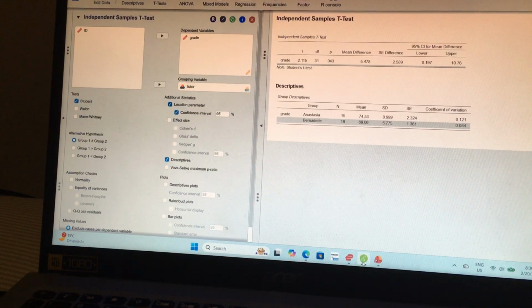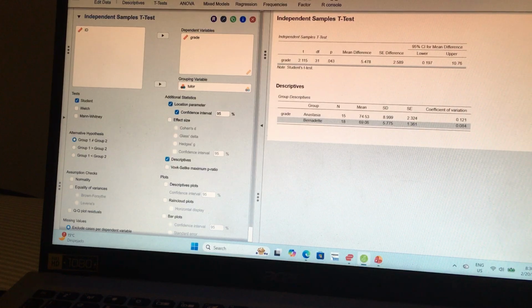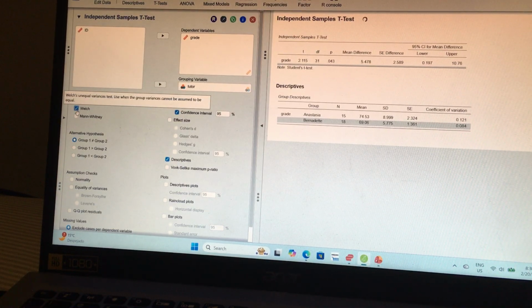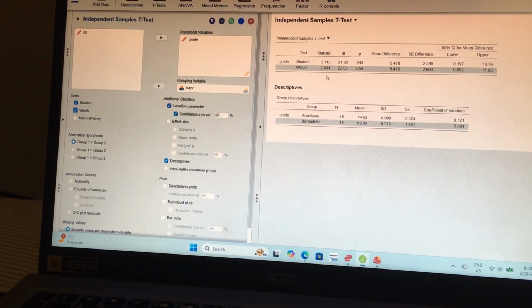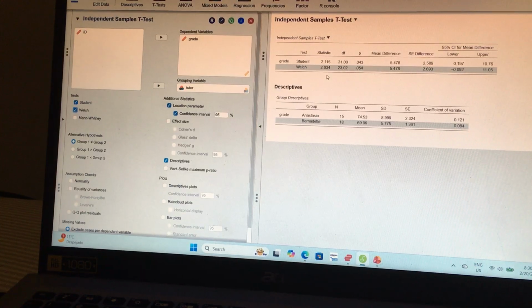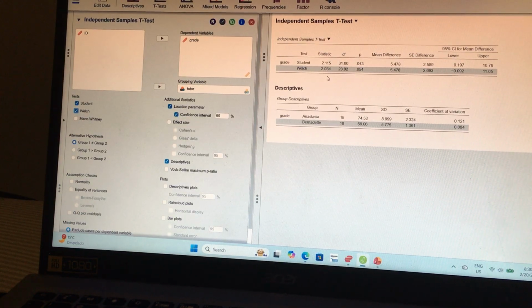Yeah, the student t-test result was 2.115. So if we also check the Welch test, we will get that second row. The Welch t-statistic is 2.034. The degrees of freedom, as we were talking about, is less. The student test degrees of freedom was 31. The degrees of freedom with the Welch test is 23.02.